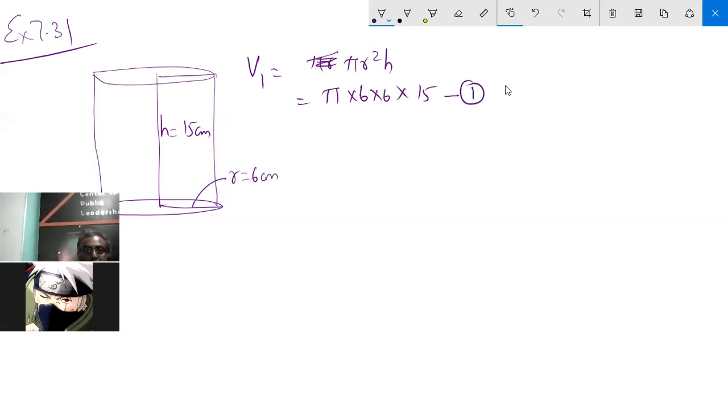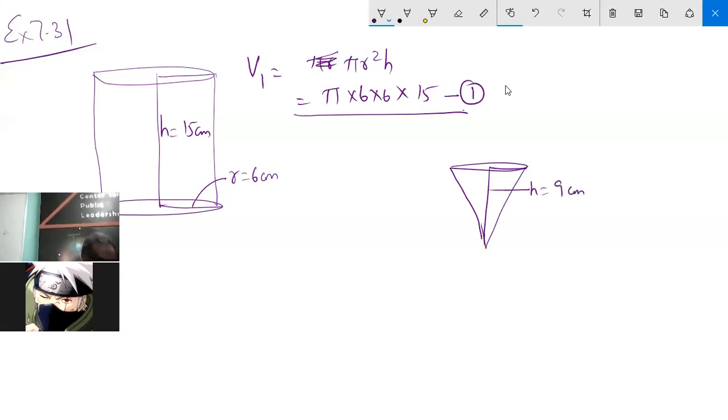This is one. Then the ice cream is to be filled in cones of height 9 centimeter and base radius 3 centimeter, having a hemispherical cap on top, that means like this.